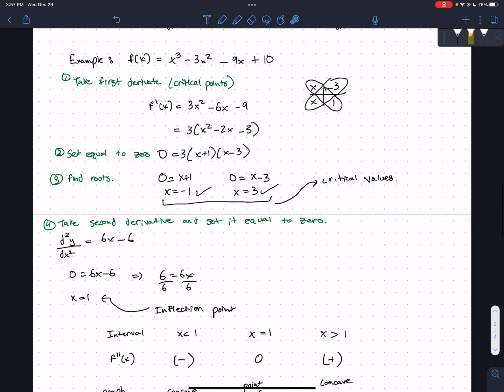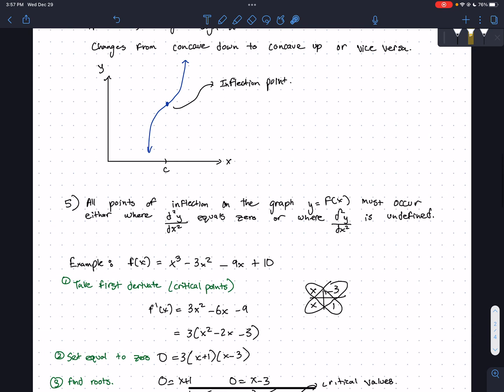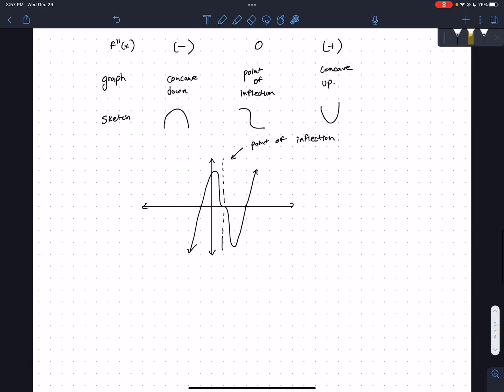If we put 1 into the function, we'll get 1 minus 3 minus 9, so 1 minus 3 is -2, -2 minus 9 is -11, and then -11 plus 10 is -1. So that means the point of inflection happens at -1.